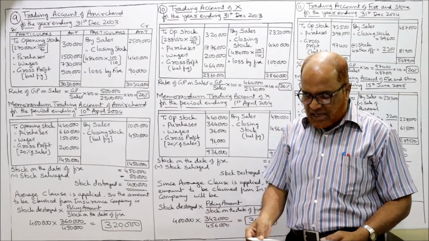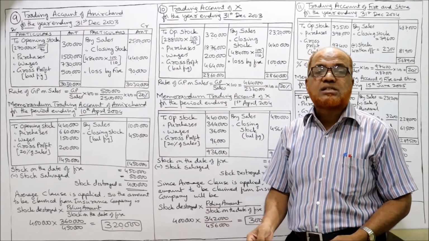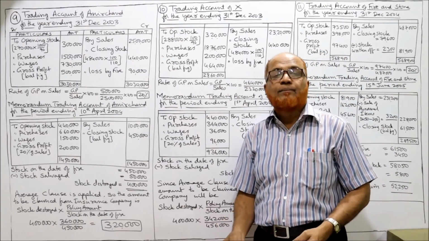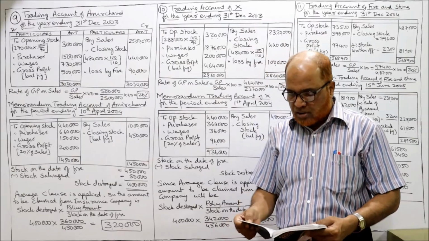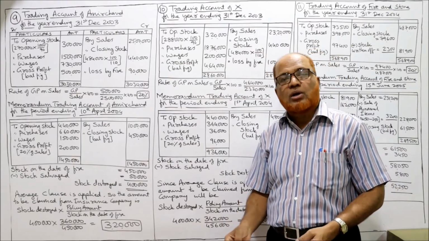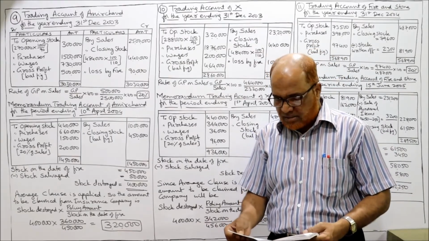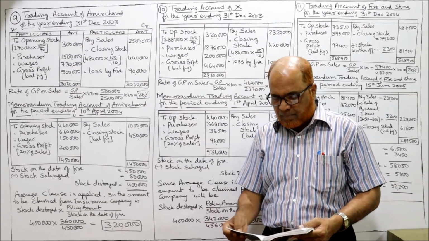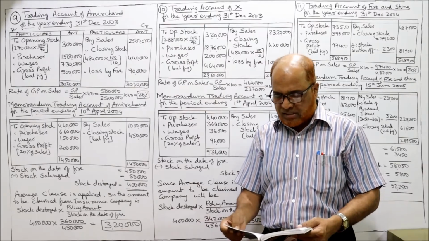Stock on 1st January 2003, last year's opening stock. And stock on 31st December 2003, last year's closing stock. Then wages paid during 2003, last year's wages. And wages paid during the current year, 1st January 2004 to 1st April 2004, current year's wages.